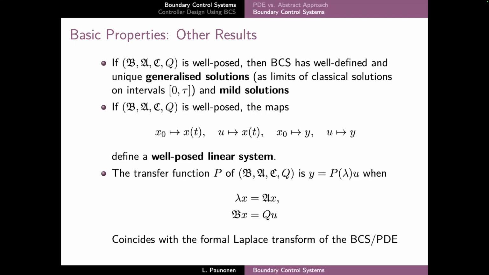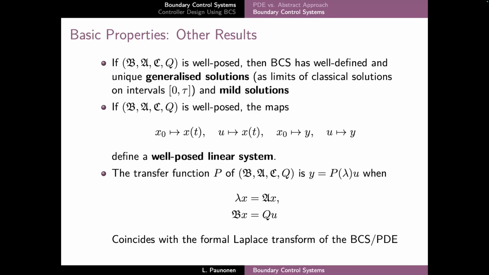Another very important and useful concept for any linear system is the transfer function of our system. And for a boundary control system, we can define it based on a solution of this so-called abstract elliptic equation, which looks a lot like our original system, but where our time differentiation is replaced by the multiplication with the frequency parameter.